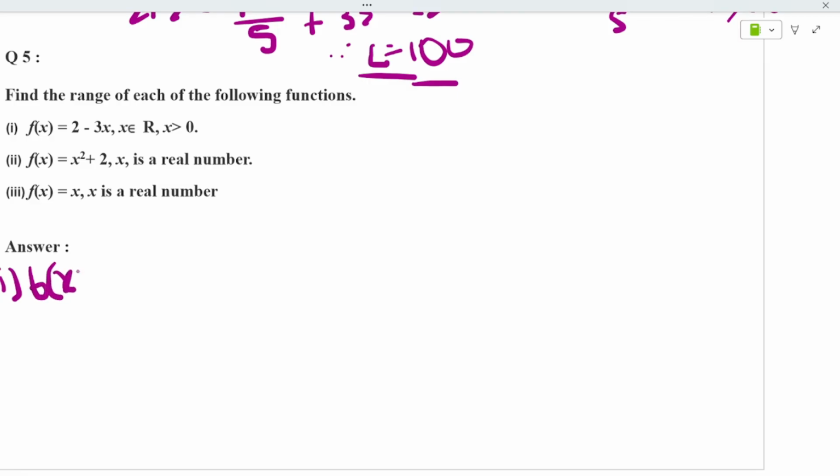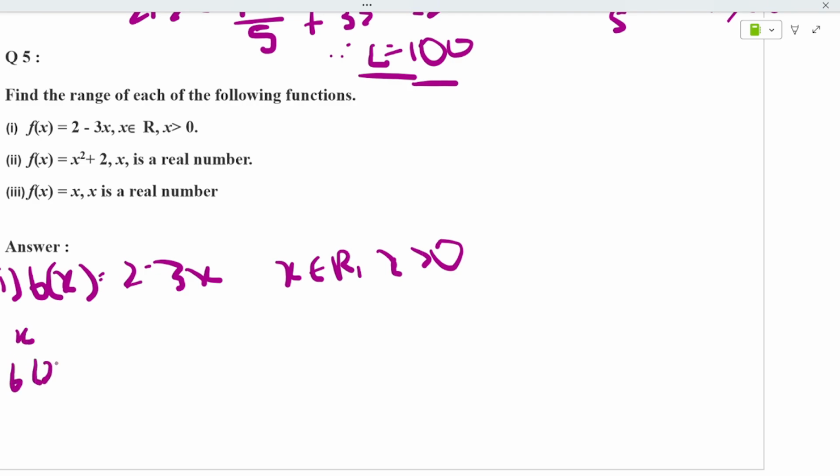F of x is equal to 2 minus 3x. Okay. And here x belongs to real numbers and they have to be greater than 0. If you want to find the range, you should take one table. Okay, you can do it in tabular form. In the first column you take x, in the second column you take f of x by substituting these values.